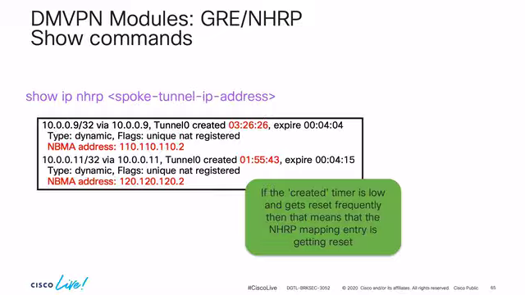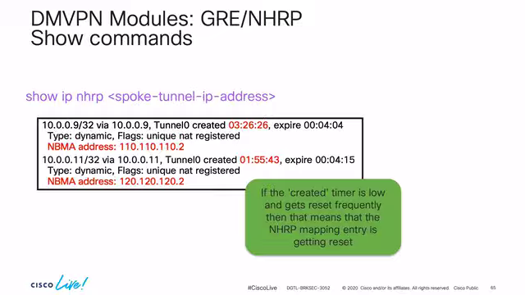It does have the flag unique registered. So if by any chance this particular spoke gets a new NBMA address, and it sends out a registration packet, this particular hub is not going to go ahead and make this change, because the unique flag has been set. And yes, it has the NAT and the registered flags too.